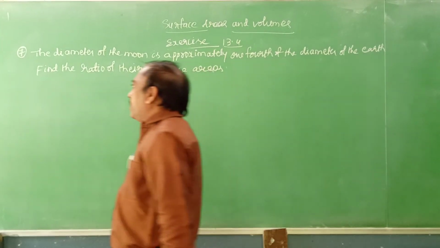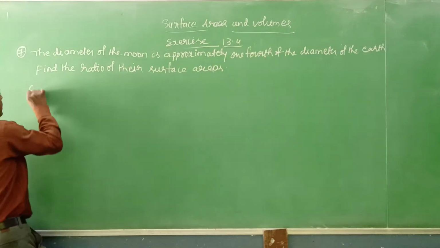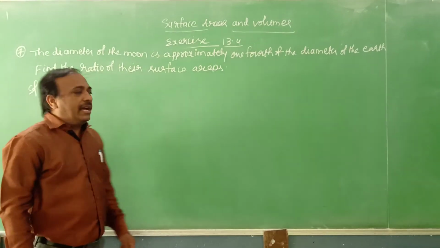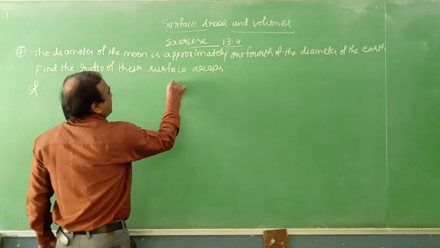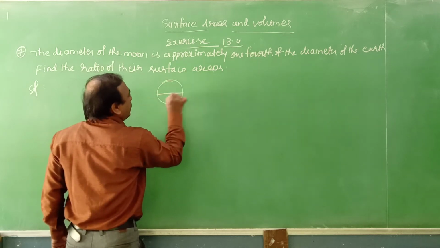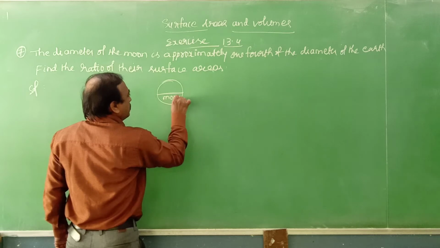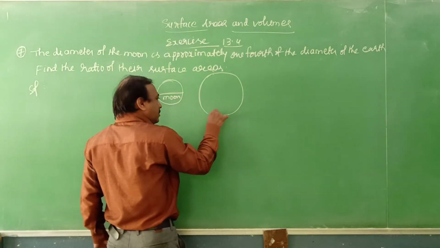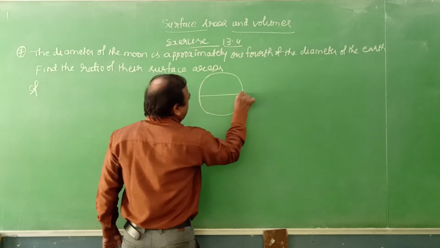Observe it. We are first assuming what is given. One is the moon and one is the earth. So this is the moon and this is the big earth diameter.